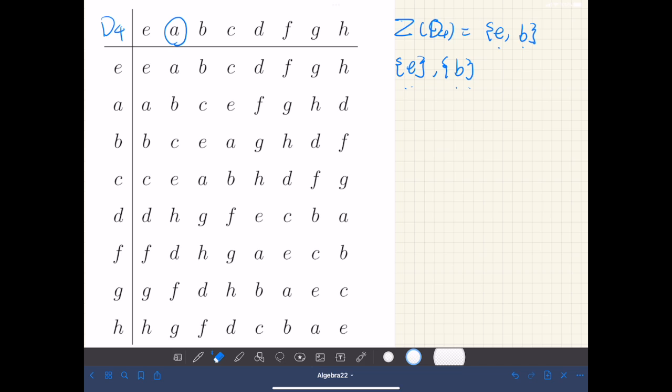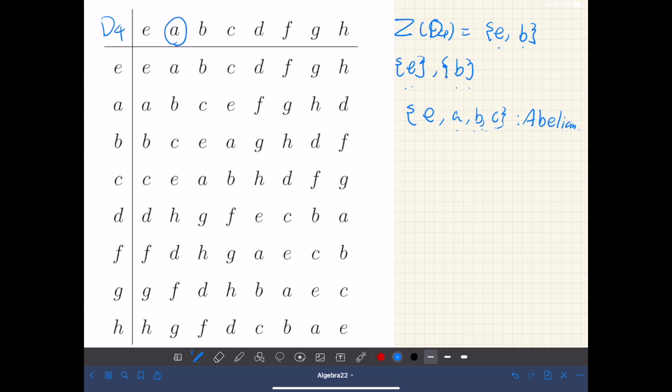We know that there is a subgroup containing A, that is E, A, B, C, which is actually abelian. So this is a subgroup where every pair commutes.